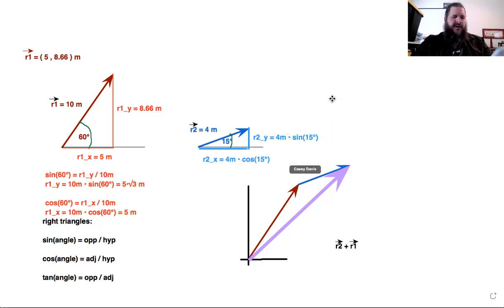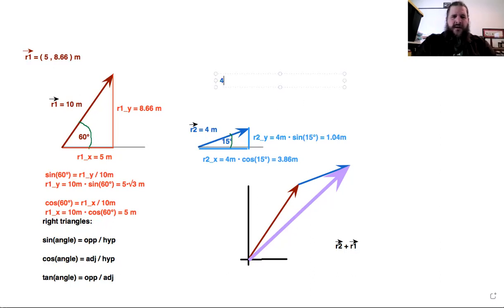So punch those into a calculator or look it up on a trig table. Sometimes the old ways work well. 4 times cosine of 15 is about 3.86 meters, and 4 times sine 15 is about 1.04 meters. So that means we can write R2 in terms of its components as well.